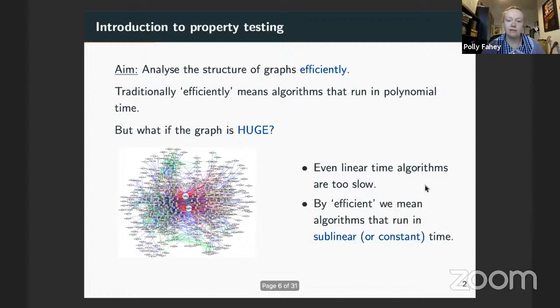And so for these graphs, by efficient, I mean algorithms that run in sublinear or even constant time. Now, of course, to achieve sublinear running times, we're going to have to sacrifice some accuracy because we can't read the whole graph once, okay? And so property testing is a framework which allows us to develop these super efficient algorithms whilst providing probabilistic guarantees on the quality of the output.